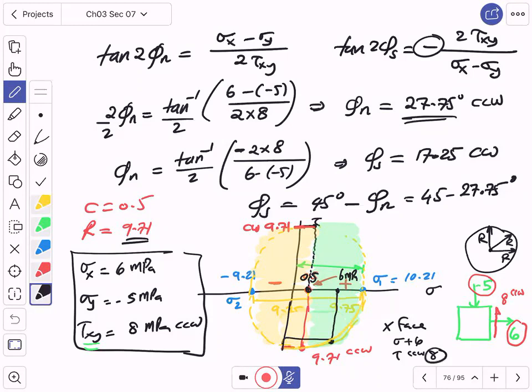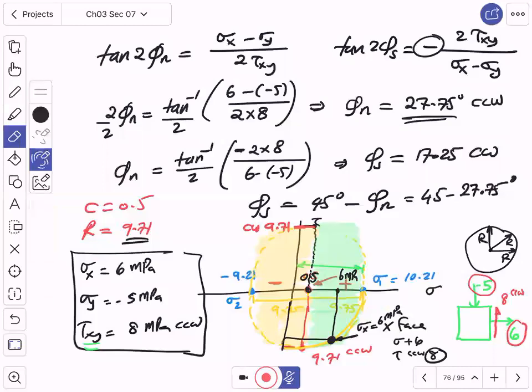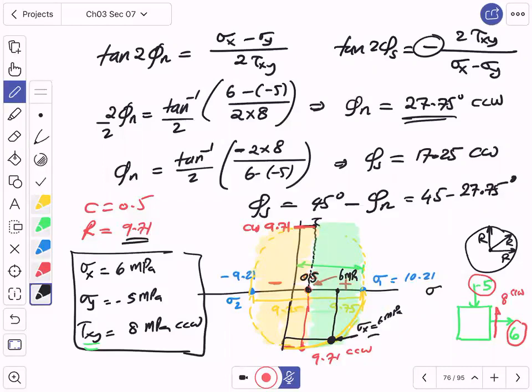This is the intersection point. It must be on the circle. Inside the circle has no meaning. Outside the circle has no meaning. So this point now, what does it represent? It represents sigma x equal to 6 megapascal, and also tau, which is 8 counterclockwise.